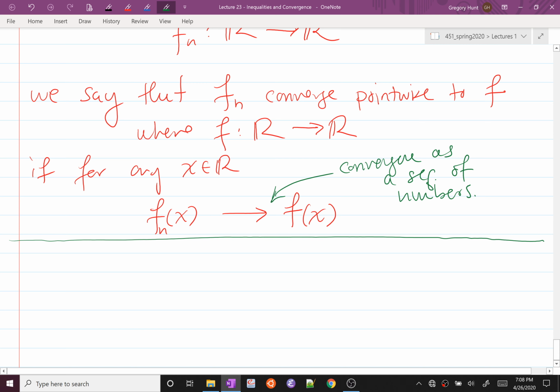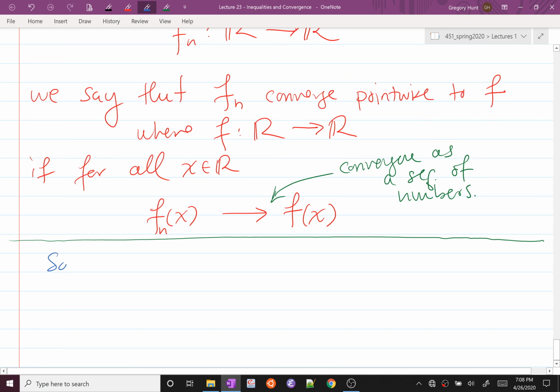And so we basically throw back onto that and say, well, we're just going to say functional convergence is if for each individual, instead of saying for any, this should be for all x in R. For any number I pick, if I plug it into all my functions, that will give me a sequence of numbers, and if I plug it into my limit function, that will give me another number. If for every x, that sequence of values I get plugging into my f sub n's converges to the value I get when I plug in f, we call that pointwise convergence.